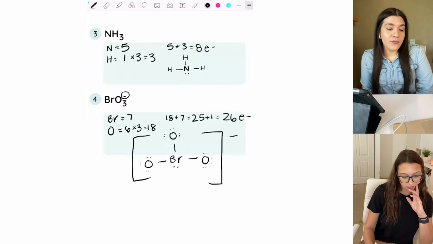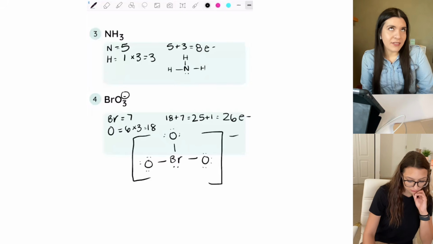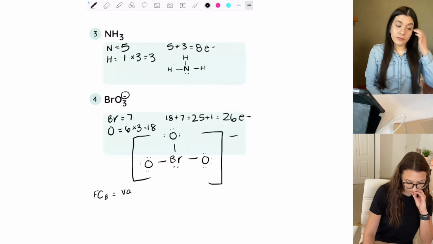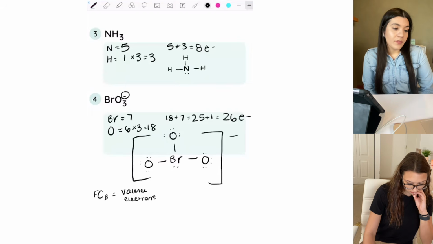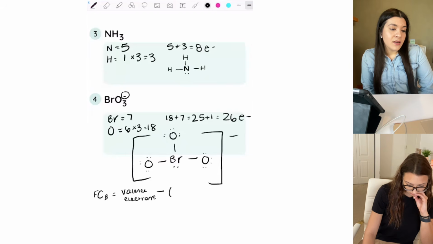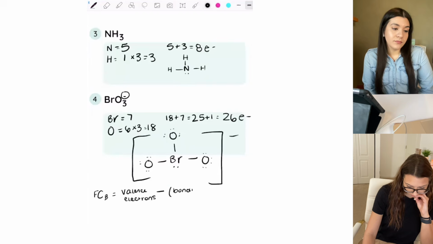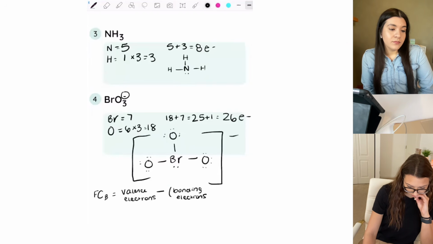So again, the formula, if you want to write this down, you can just put FC, so formal charge is equal to valence electrons, minus, parentheses, bonding electrons, and then plus, and let's just say individual lone pairs.